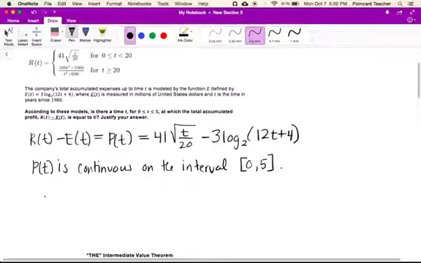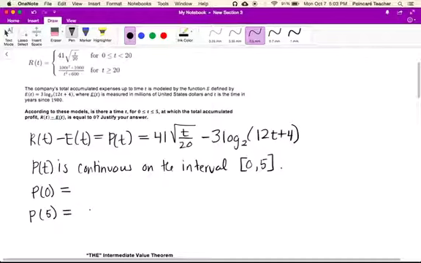The second condition is now you need to check the values. So most people did do this. So if you do P of 0, we need to figure out what that y value is, and then now we have to do P of 5 and figure out what that value is.